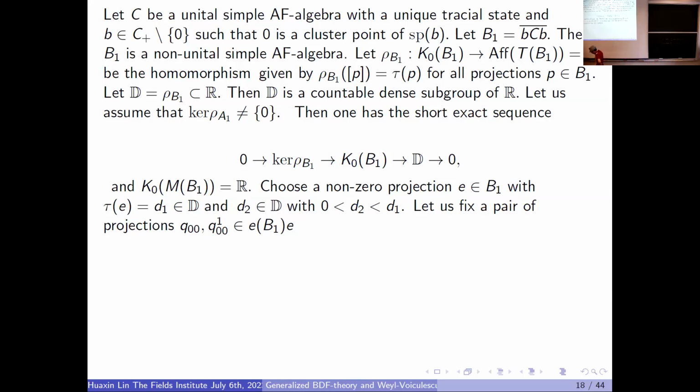One way to look at it is you have a trace, you have at least one trace restricted on that, and then you extend it to the whole thing, and then there's only one of it. You see, why not just say that B1 be a non-unital algebra with a unique trace?